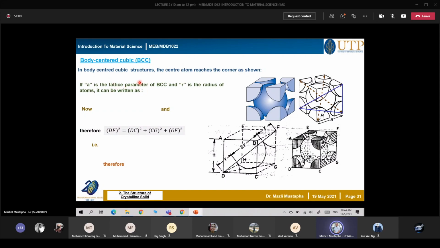The lattice parameter is actually your edge length for the cubic cell. Sometimes they call it the lattice parameter just to confuse you, but actually they have the same meaning. A is the lattice parameter, or A is also the unit cell edge length.